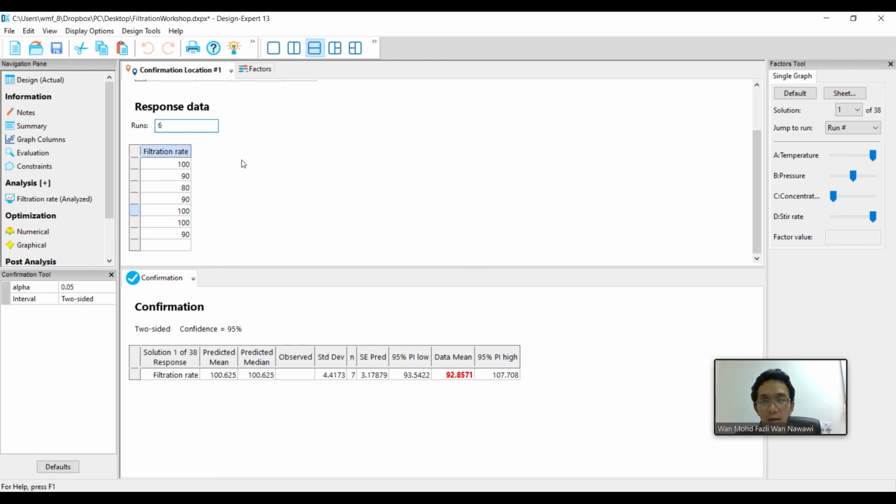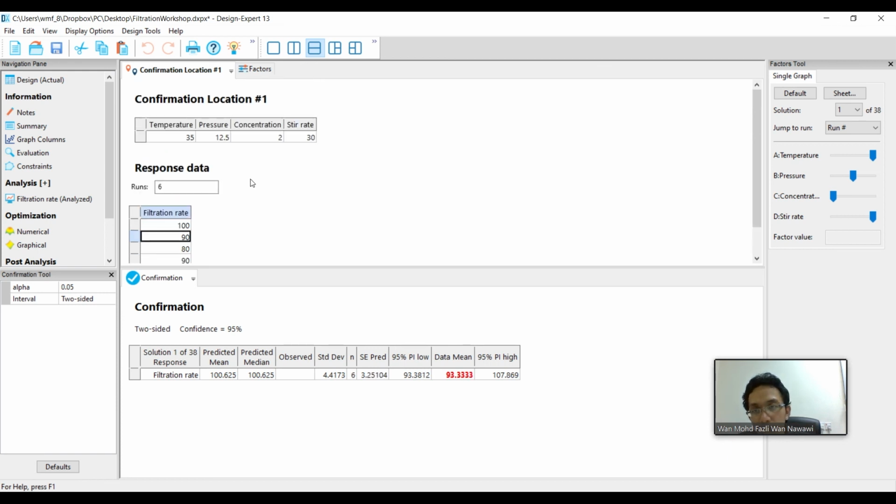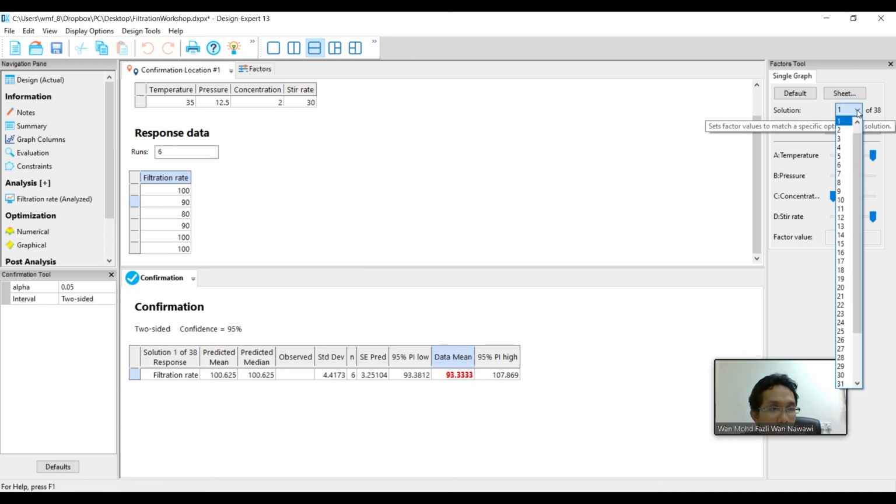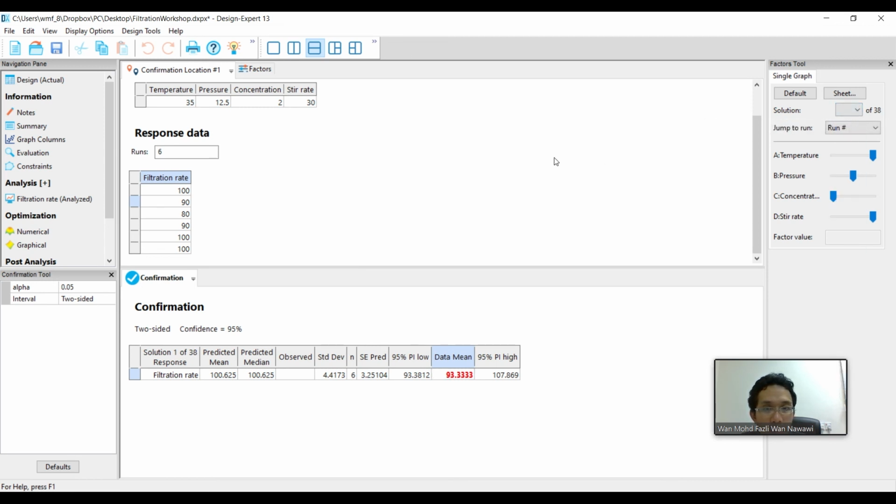Let me put 6 again. Okay, so you can see here 6 runs. This should normally not be red, because I put this as run number 1. Oh, that's why. You cannot put it here, because they try to depend on this.